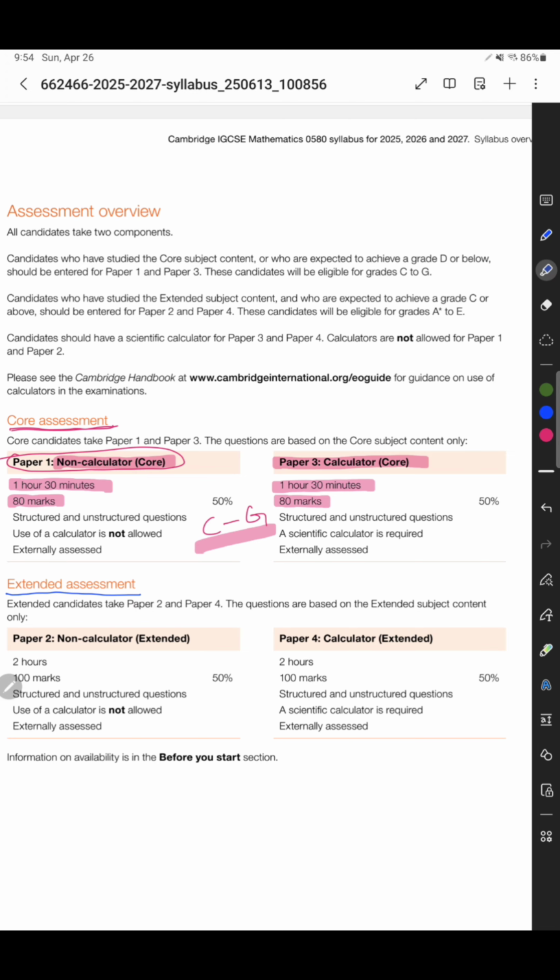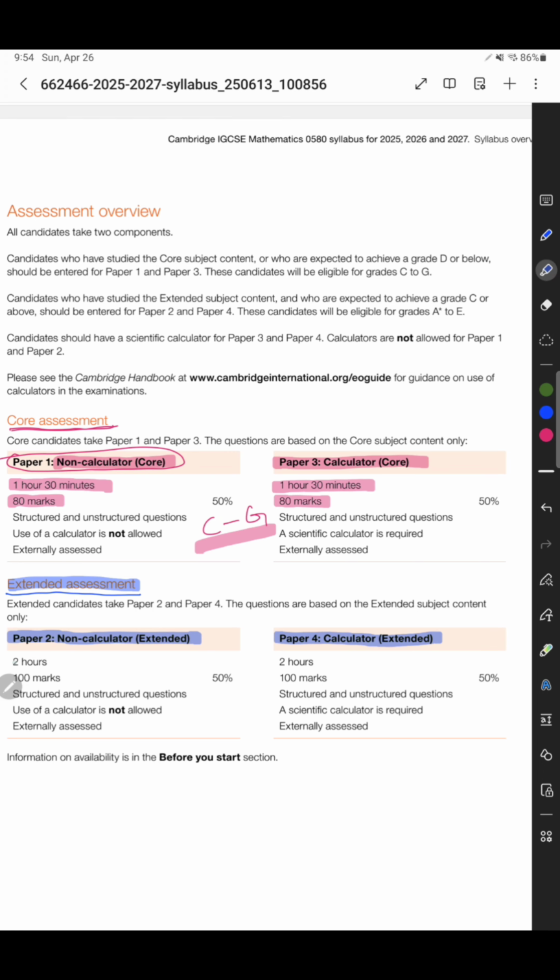If you are aiming for those top marks, grade C or above, you will be entering for the extended assessment, taking paper 2, which is non-calculator, and paper 4, which is calculator. Paper 2 is your non-calculator challenge.